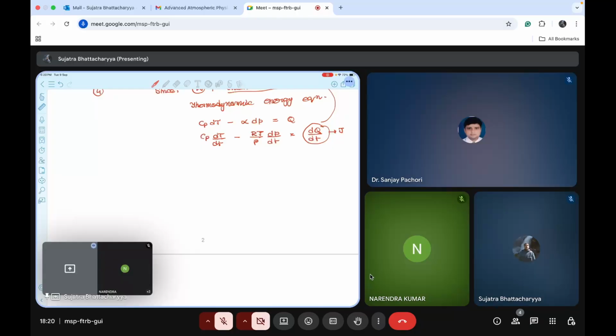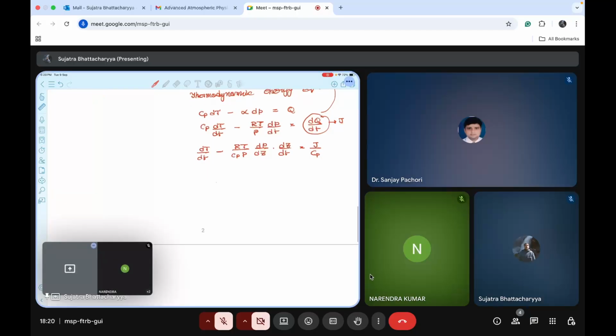All right. So let us then write it. dT/dt minus RT divided by Cp P, dP can be written as dP/dz and dz/dt, and this is your J by Cp, because Cp I have divided from all the sides. So now you have dT/dt minus RT/(Cp P) dP/dz, where dP/dz is minus rho g from the hydrostatic equation, times W, equals J by Cp.